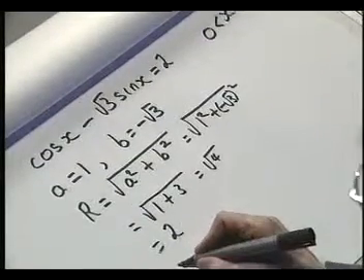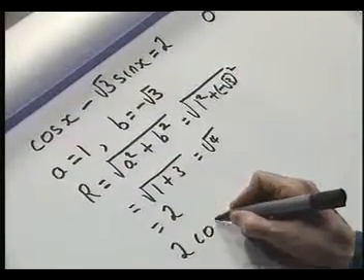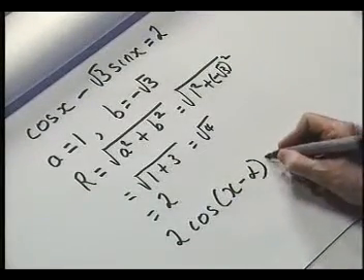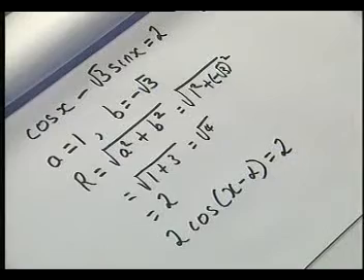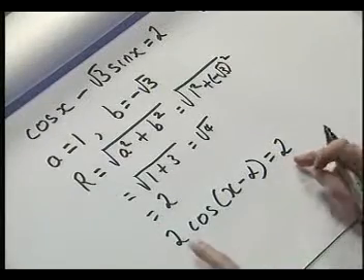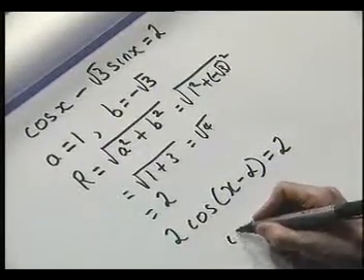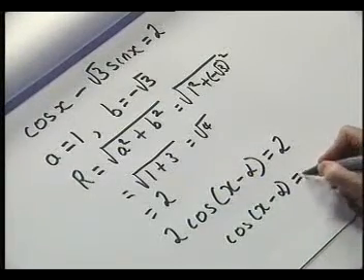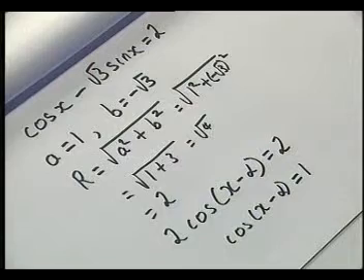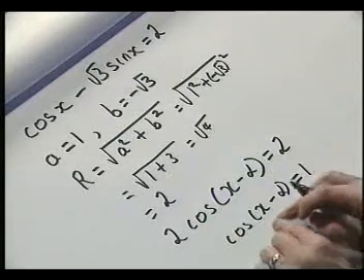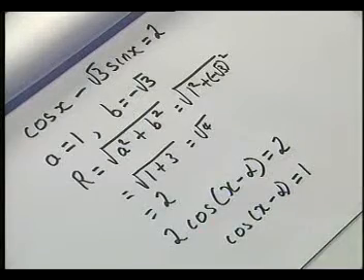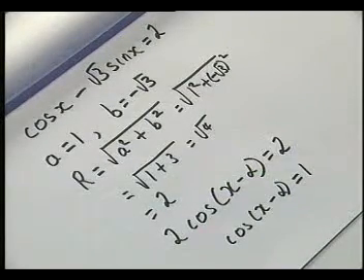So what we've got now is 2 cos x minus alpha equals 2. And we can divide throughout by this 2 to give us cos of x minus alpha equals 1. This should be relatively easy to solve, provided we can work out what alpha is.